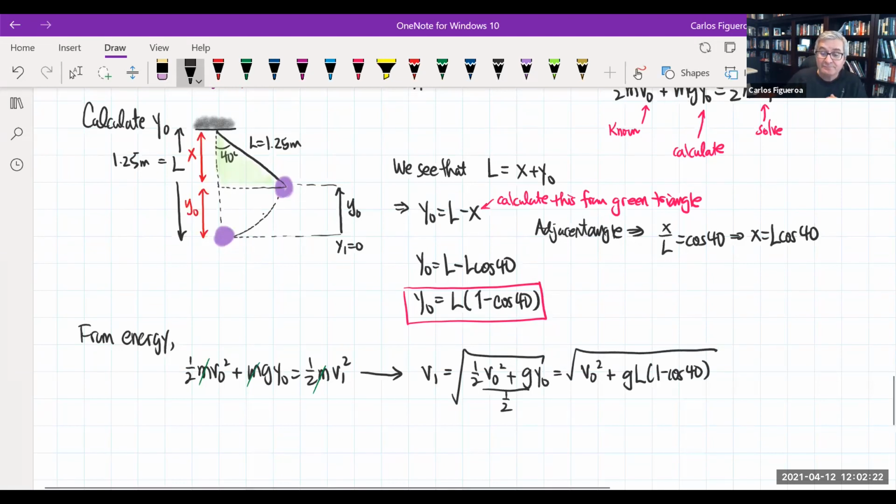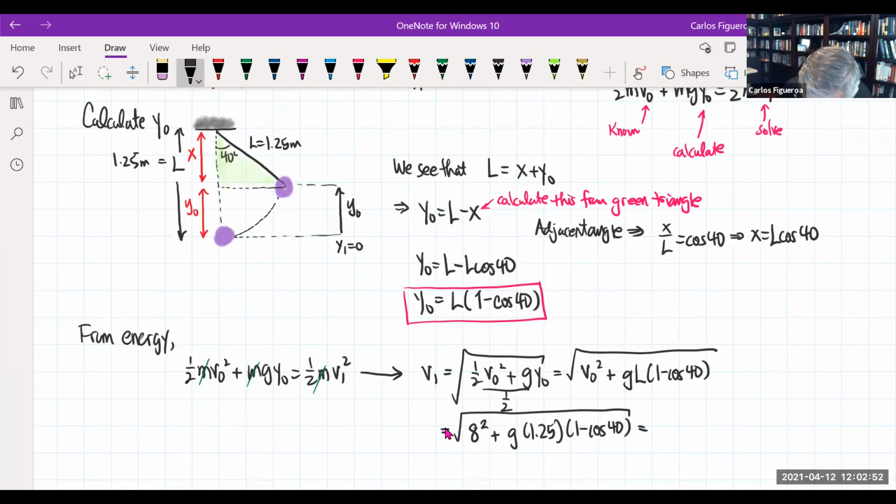And when I go calculate this, ooh, I did not calculate this thing correctly. So I'm going to have to punch this into my calculator because I don't have the right number. Because this should be 8 squared plus g of 1.25 meters times 1 minus cosine of 40.